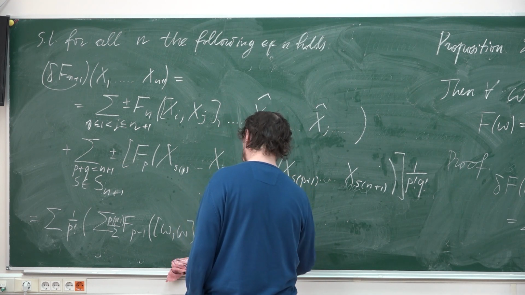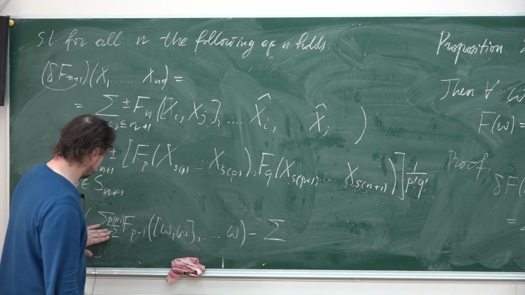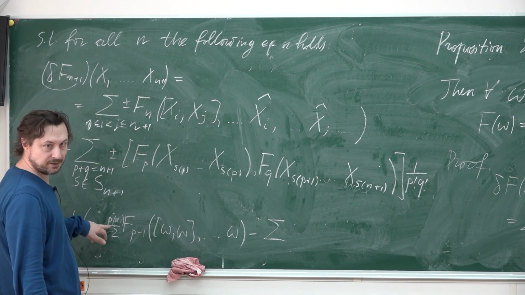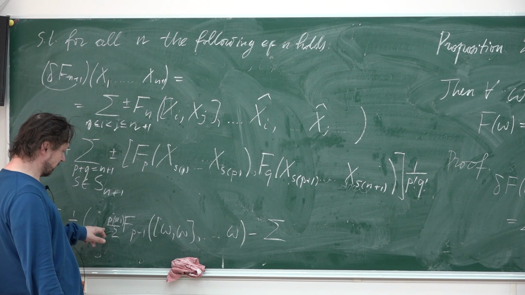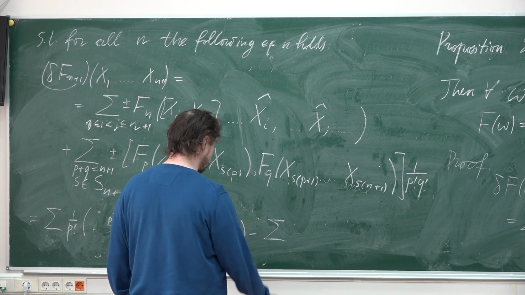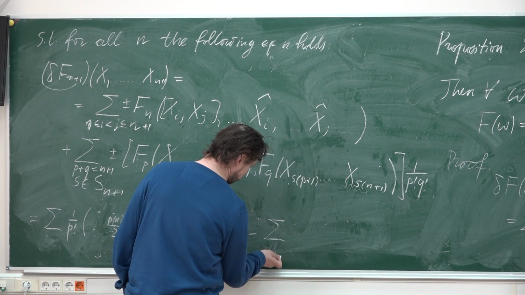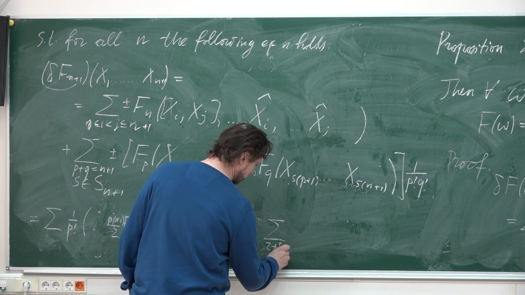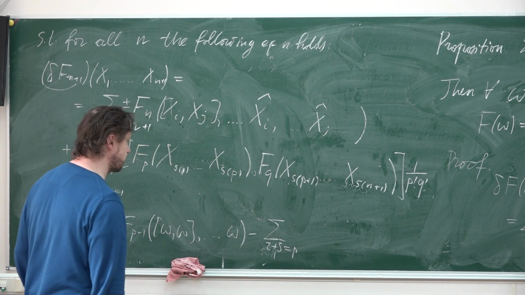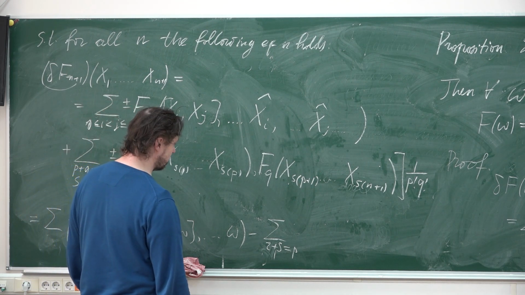Okay, then we get to the second term. So I can actually erase the sum here because I already used this sum to get this factor, right? I'm erasing the sum because instead of the sum I use this factor. Now the second term is a sum over all r and s which sum up to p, right? No signs are necessary.